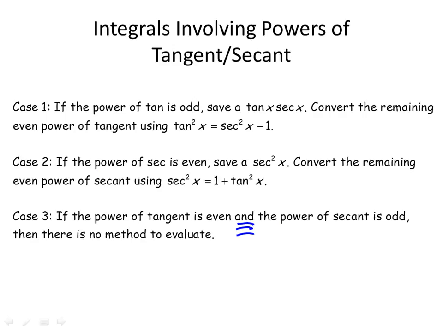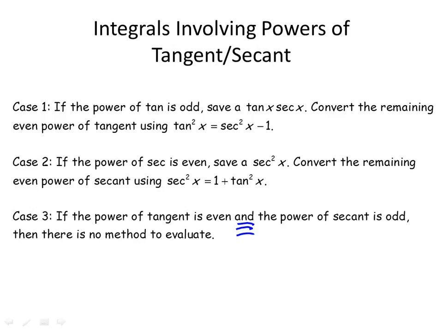Once you get it into tangent square, that's the algebra. Now use your trig identity and substitute secant squared minus 1. Then use your calculus with u substitution. U is going to be your secant x. Du is going to be your secant tangent that we saved out earlier. And then go with your u substitution.